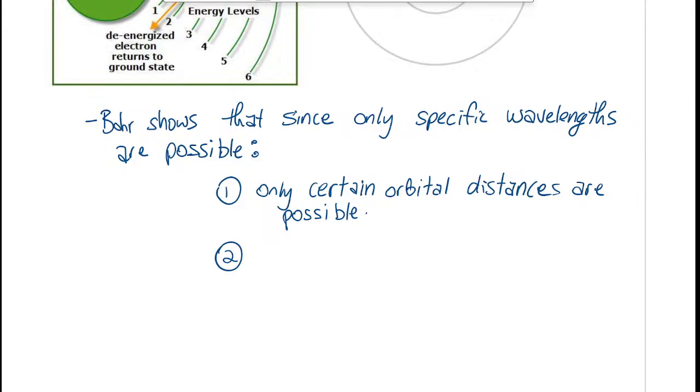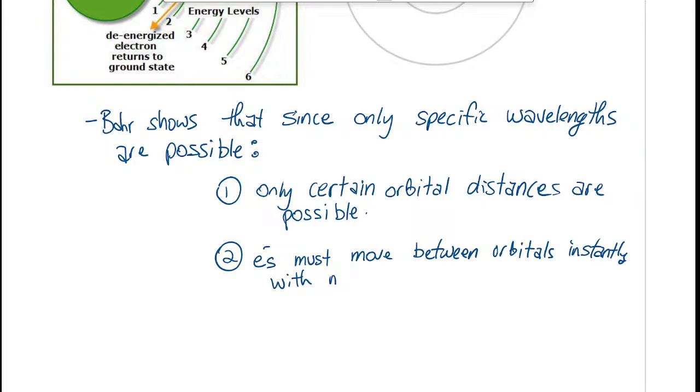But the second thing that is weird to think about is electrons must move between orbitals instantly with no path between, which just follows from the first.